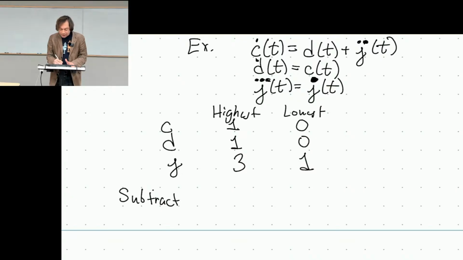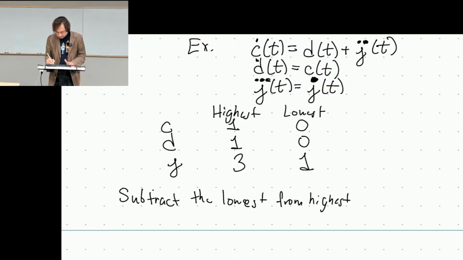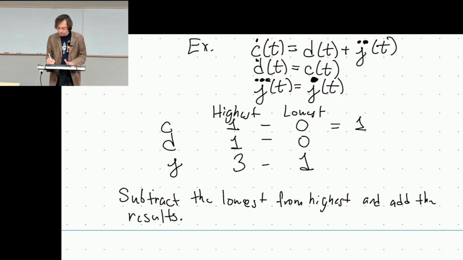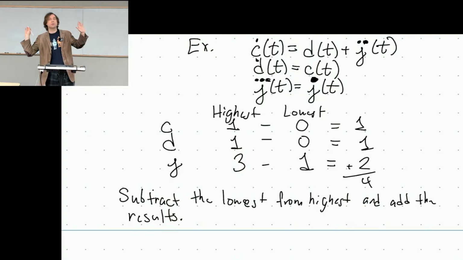Now I want to subtract the lowest from highest, and add the results. So 1 minus 0, mathematicians will tell you, is 1. 1 minus 0 is also 1. 3 minus 1 is 2. Add them together, 4.